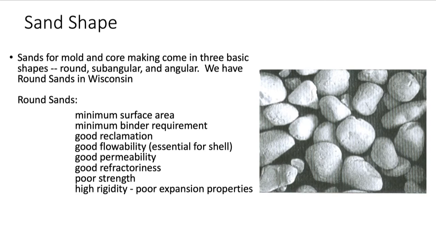Because what happens is the sand grains will break down over time. The problem is that when you put forces on round sand grains, they sometimes have poor strength. In other words, the binder has to do all the work. We're going to talk about the different shapes, but an angular or subangular grain, they lock together.